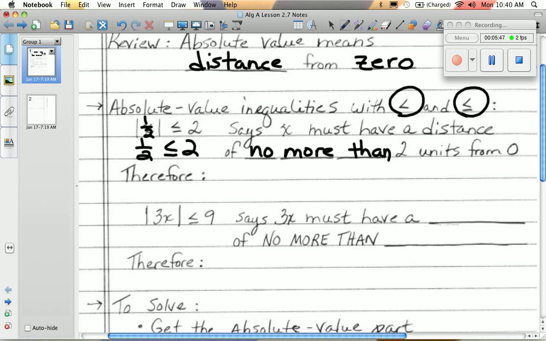So what we're going to say here is that x can be between -2 and +2, and this is an and inequality because it's between 2 numbers. It's between -2 and +2, so we write an and compound inequality.